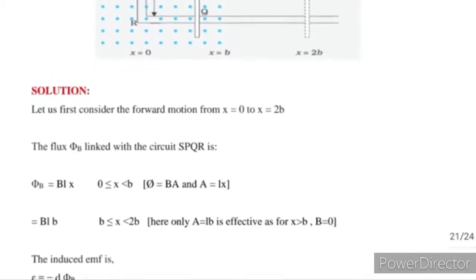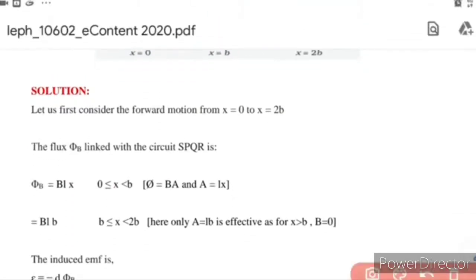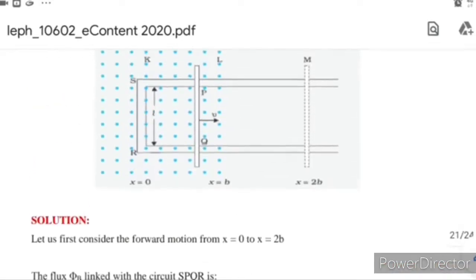That means when it is moved in this direction from x equal to 2b to b, the expression for flux is BLb itself.